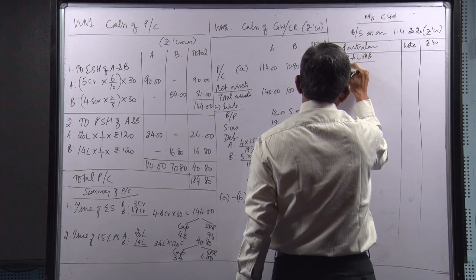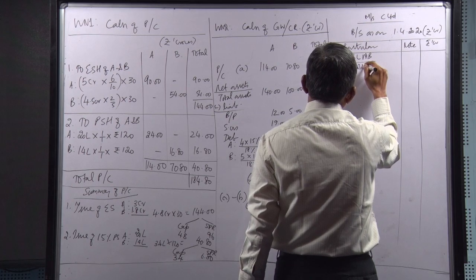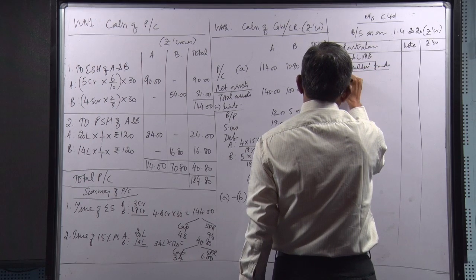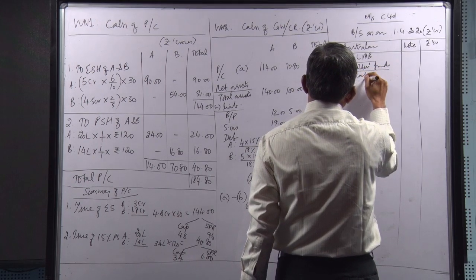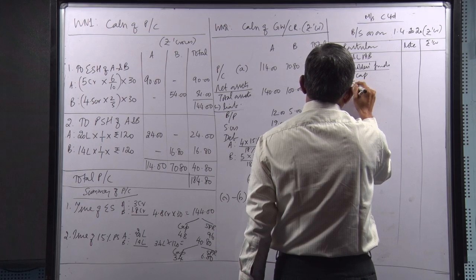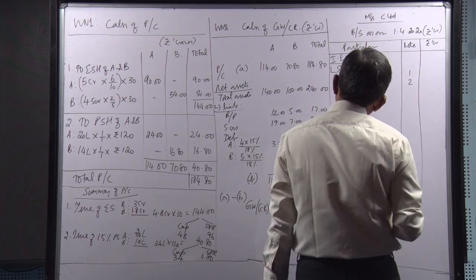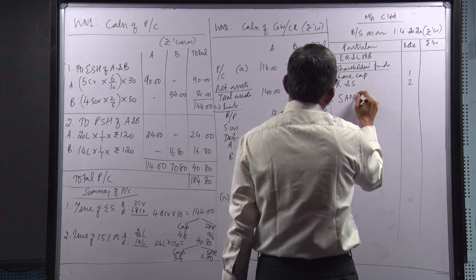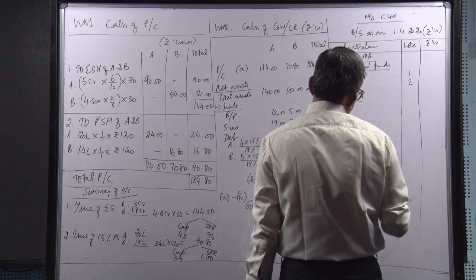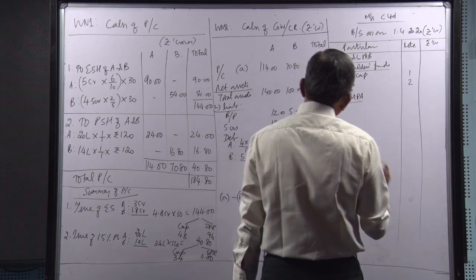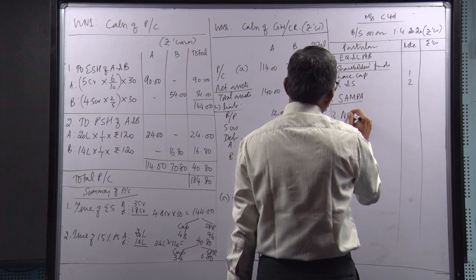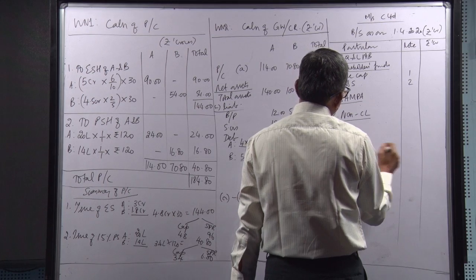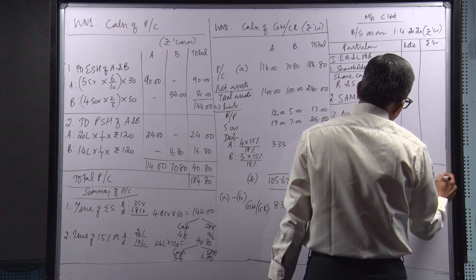Under that, shareholders funds, share capital, reserves and surplus, note number 1, note number 2. Then second heading, SAMPA, share application money pending allotment. Number 3, non-current liabilities. Number 4, current liabilities. Then you get the total.